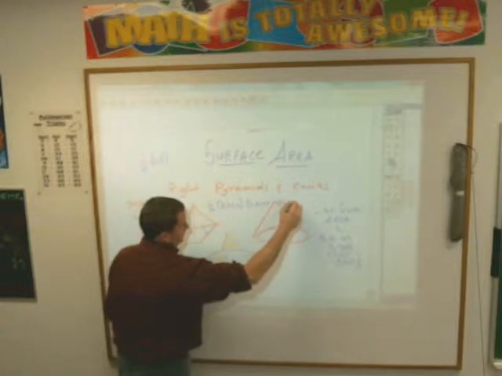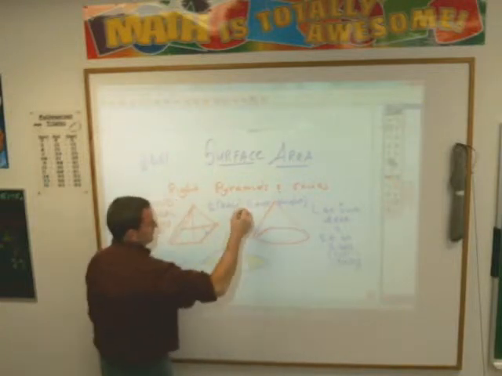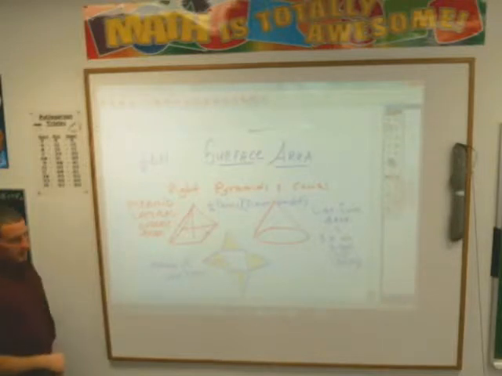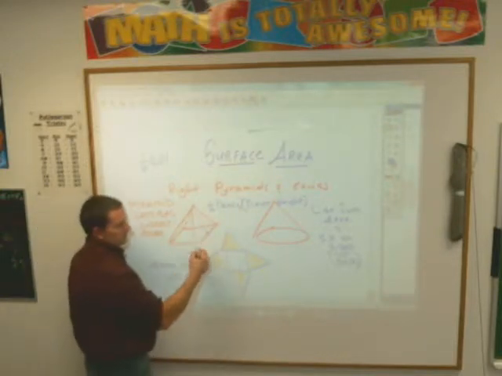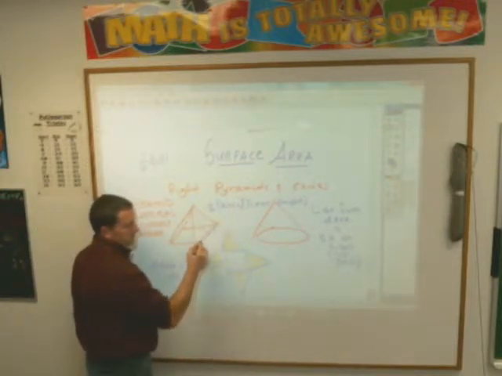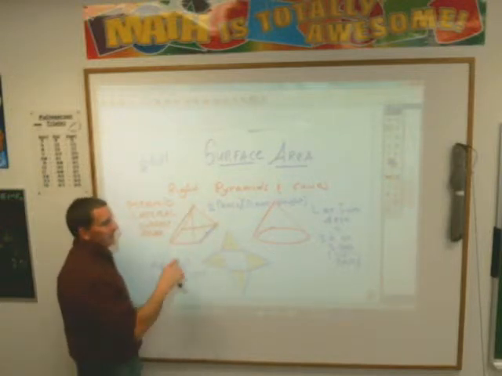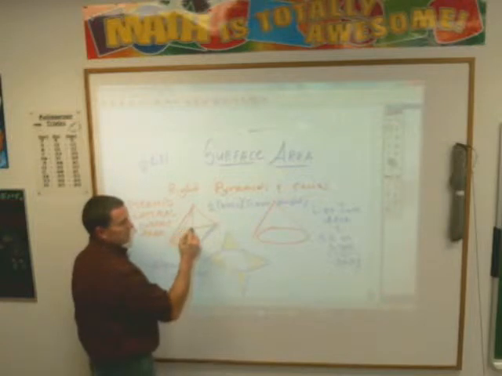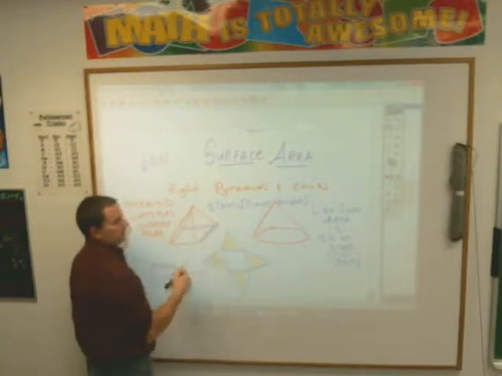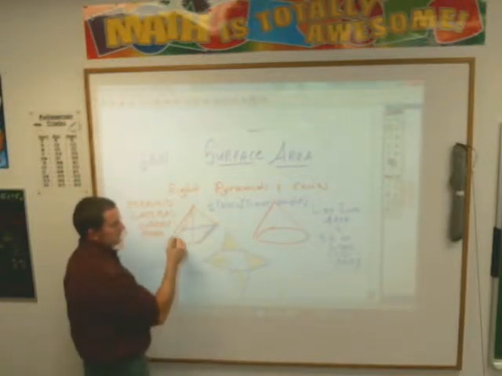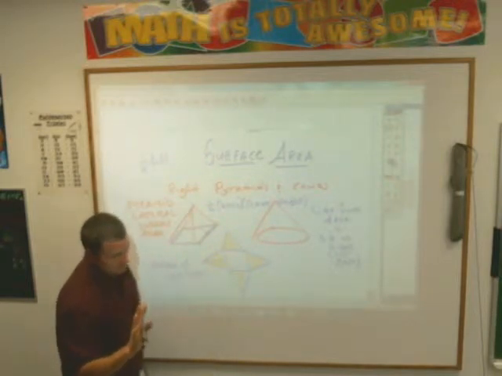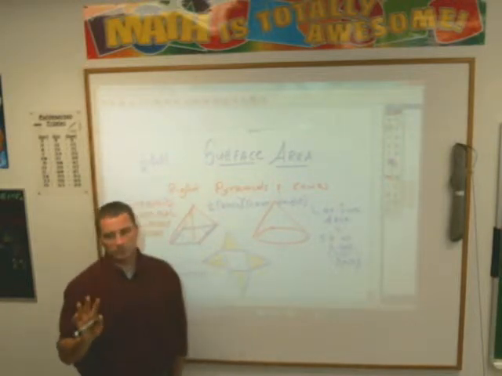Now, children, here is where you have to make somewhat of a deductive leap. If I was doing this triangle here, here's my base. I could find the area of that, do the same thing over here, and over here, and over there, and do that 4 times.